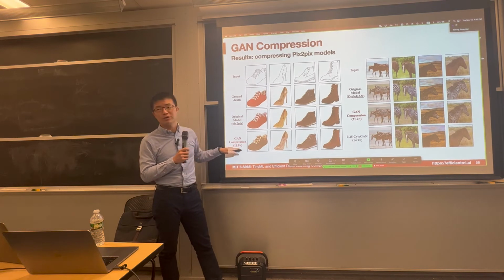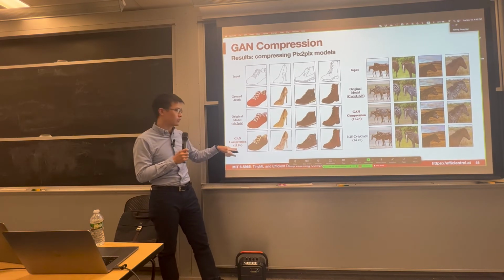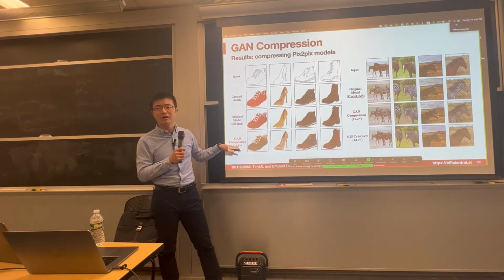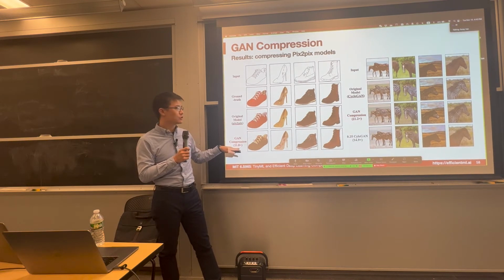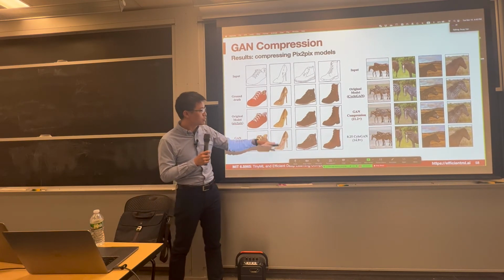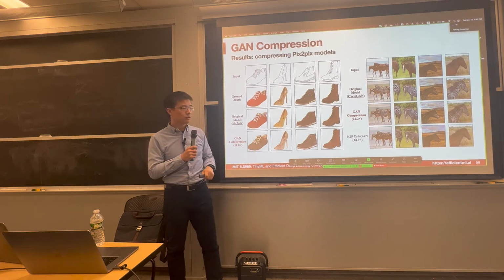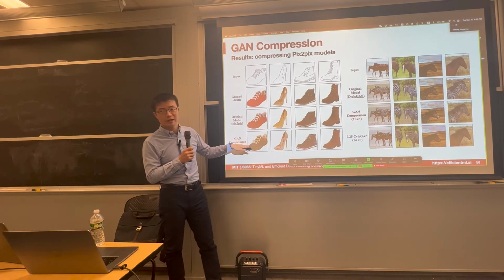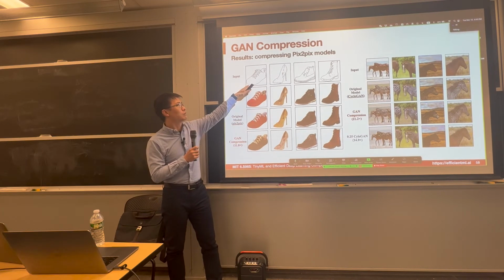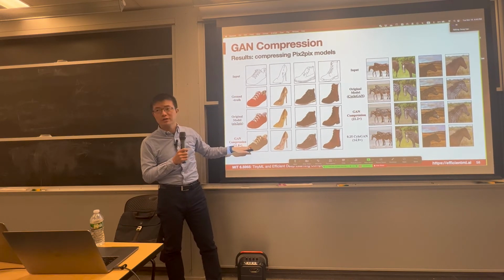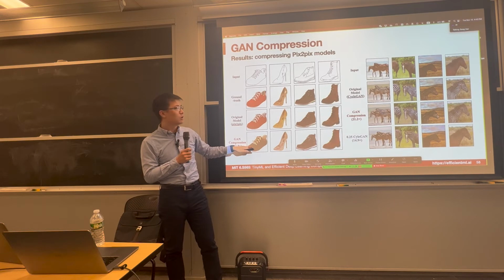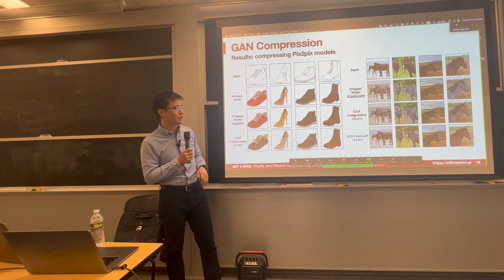And here we compress it by more than an order of magnitude. So the model is about 11.8 times smaller. But this is still very photorealistic. Maybe this one even looks closer to the baseline. The shoe color gets changed, right? So from this sketch, it's still pretty reasonable to generate such a shoe, although the color is different from the baseline.